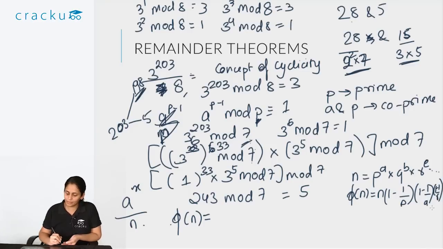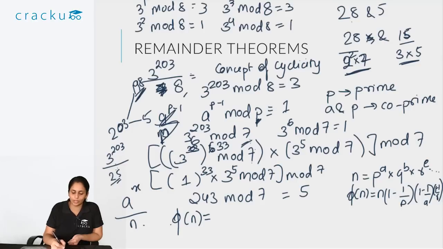So for example, suppose the value that I have to find out is 3 raised to 203 divided by 25. Now 25 is not a prime number, but these two are co-prime to each other. 3 and 25 do not have any factor in common.